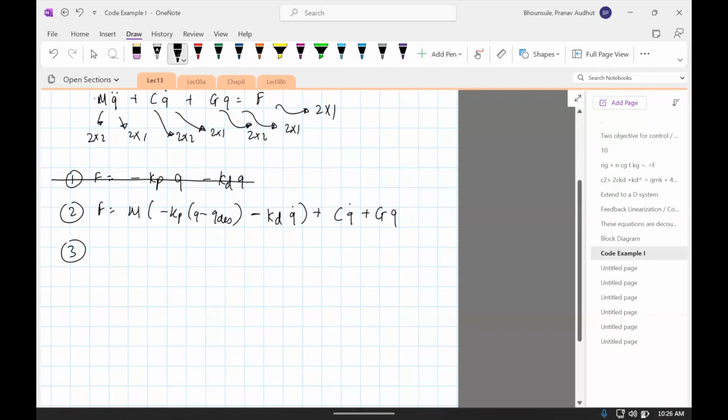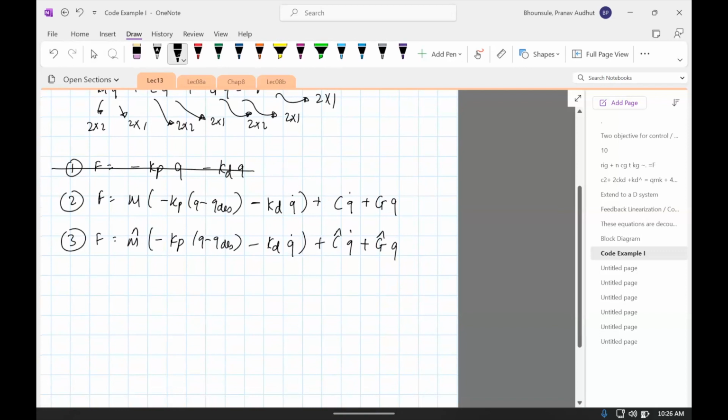And then the second one I showed you was F equals M hat minus KP, Q minus Q desired, minus KD, Q dot, plus C hat, Q dot, plus G hat, Q, where M hat, C hat, G hat were estimates, and you did not have a good estimate. So this was not in the code.